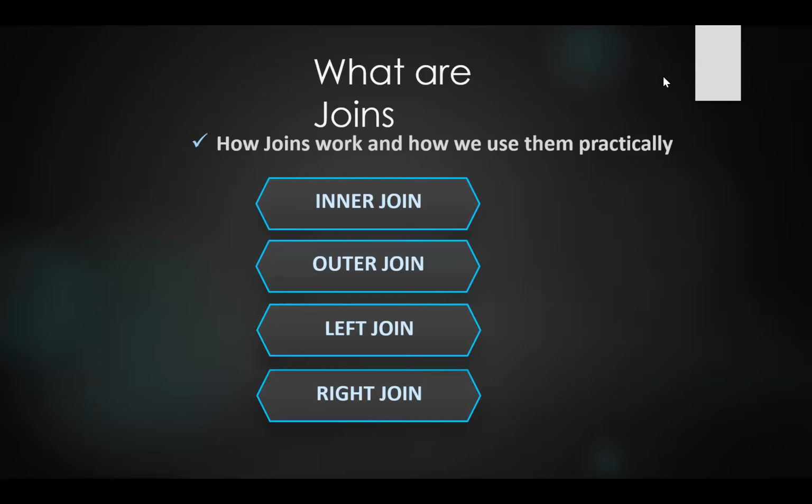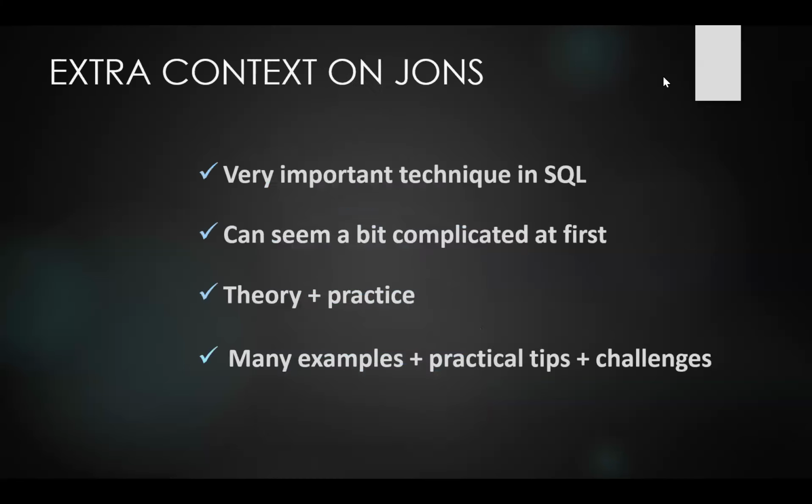We have the inner join, the outer join, the left join, and the right join. So what I'm going to do now is, because we're just hearing about it, we actually need a pictorial representation of things to grasp them a bit better. So what I'm going to show you now is Venn diagrams, and the Venn diagrams will hopefully help us understand this a bit more. Joins are very important techniques in SQL.